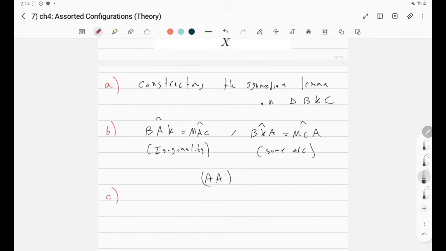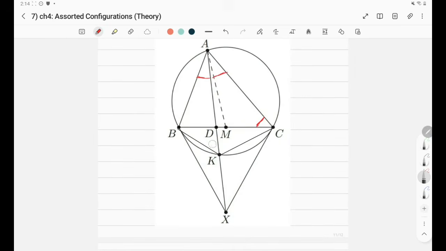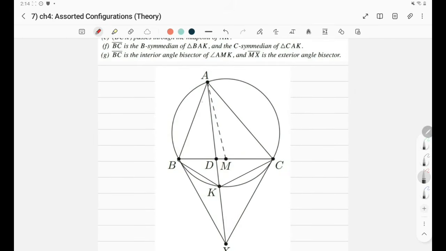Alright. Next property. Before we discuss the next property, actually look at this one. Take some time to appreciate it. If you know these two are similar, then first of all, this angle is equal to this, and this is very nice because handling this angle usually is not very simple.